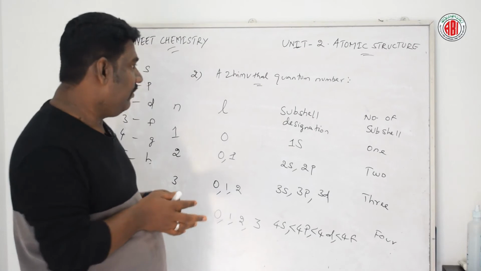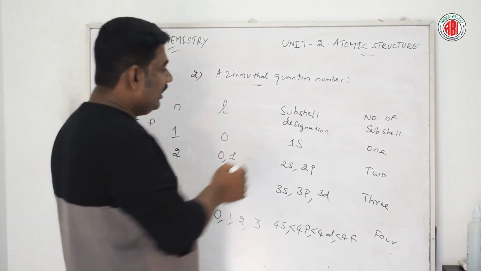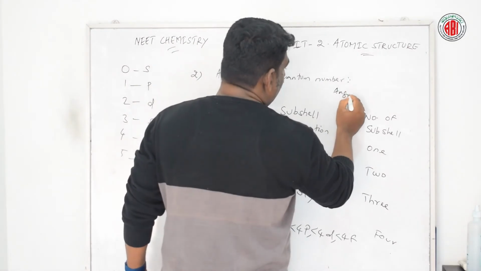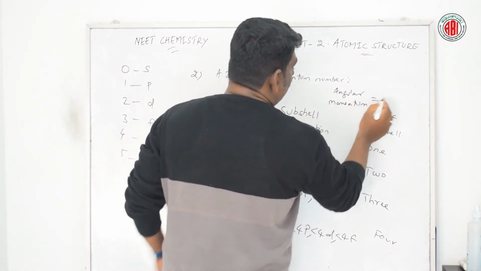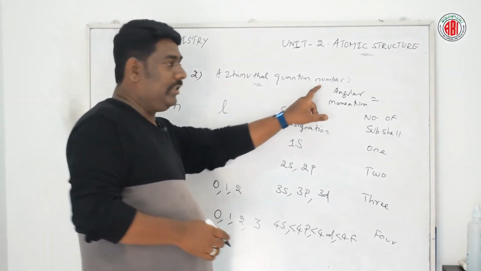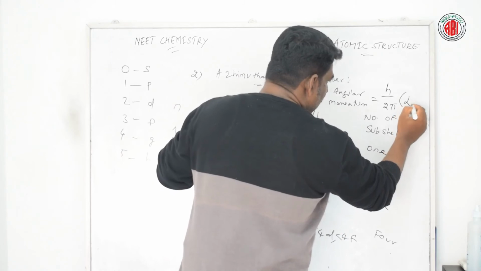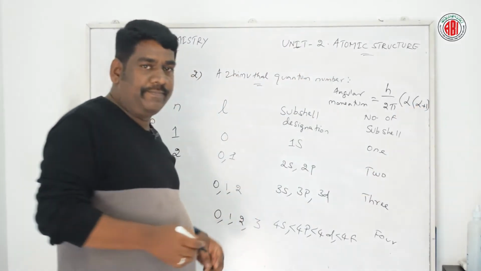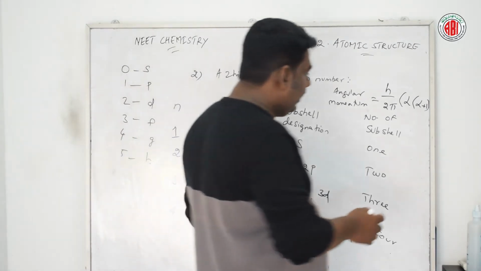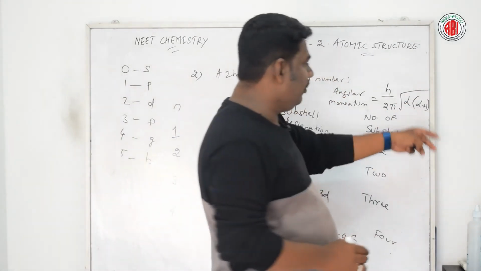There is a formula we use to find the angular momentum of an electron: angular momentum is equal to h by 2 pi times the square root of l into (l plus 1).